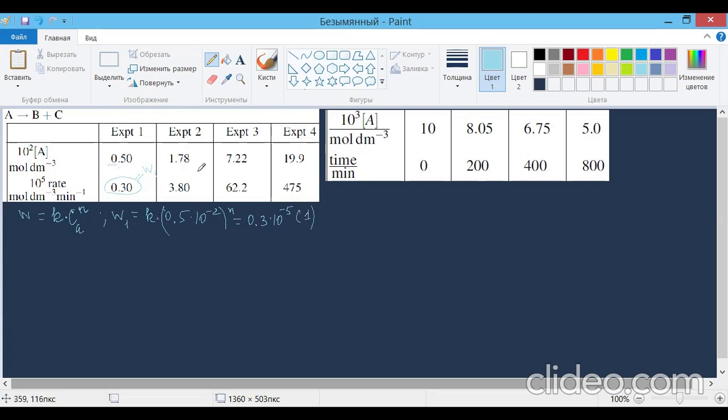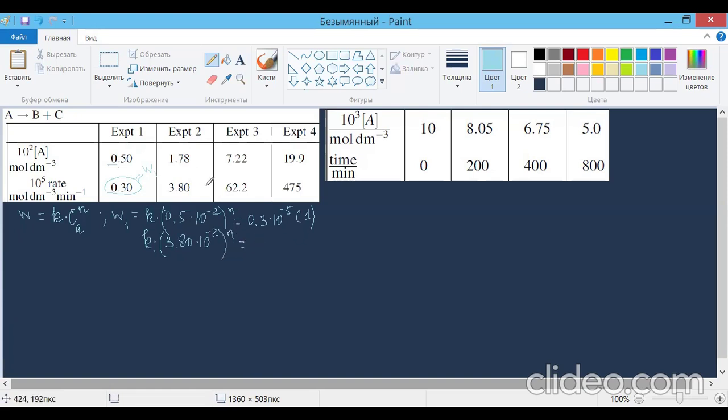Now, let's take a look at the data given in the second column related to the second experiment. The findings of the second experiment give us the following picture. So it's k times, this time the concentration is equal to 3.80 times 10 raised to minus 2.